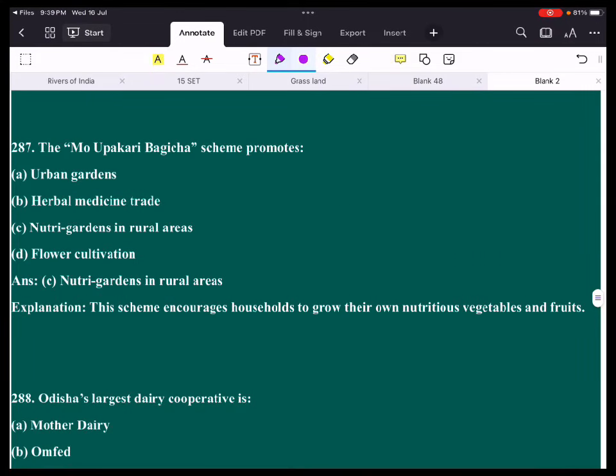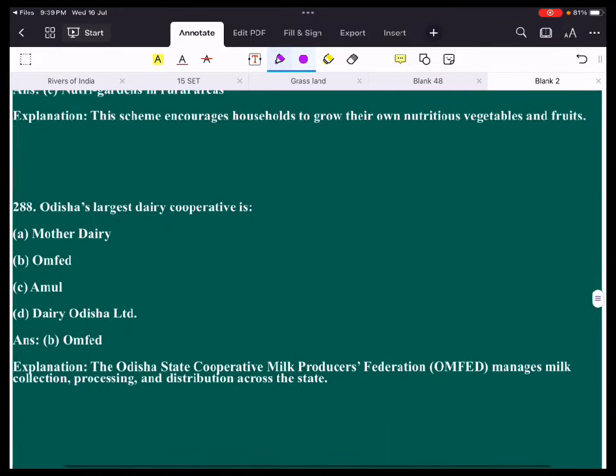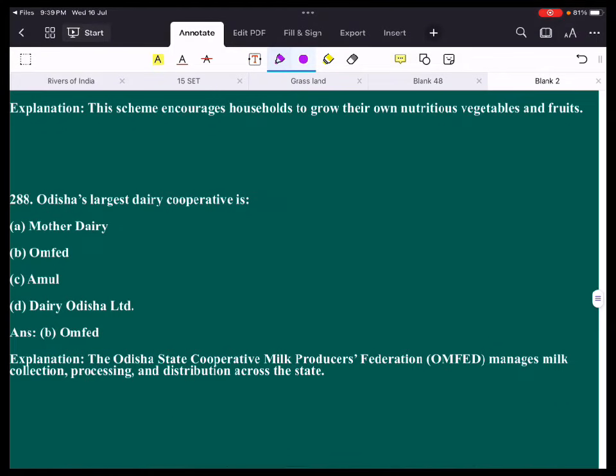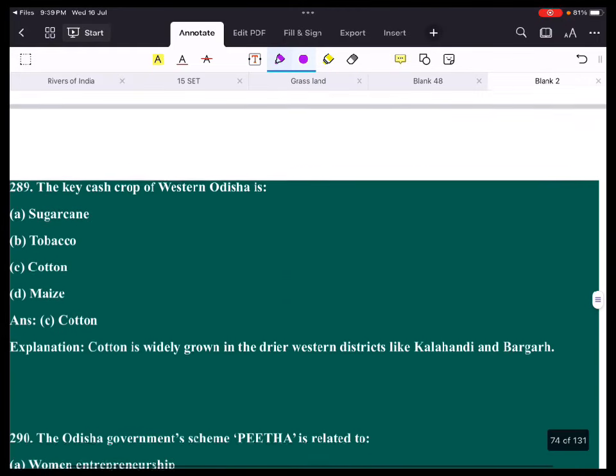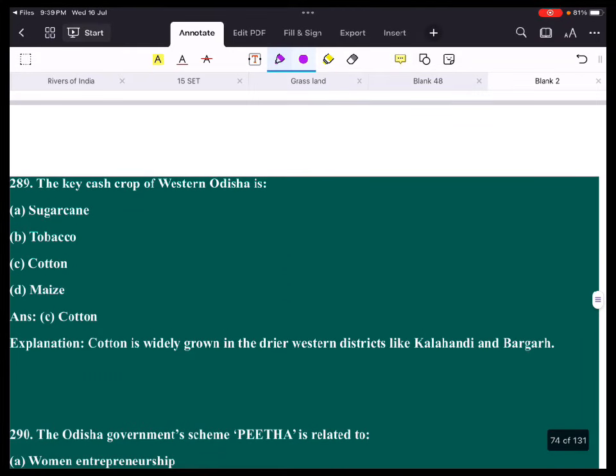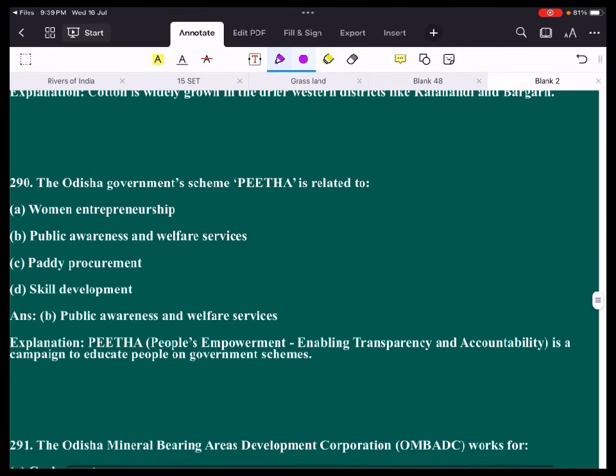The Mo Upakari Bagicha scheme promotes nutri gardens in rural areas, option C. Odisha's largest dairy cooperative is Omfed, option B. The key cash crop of Western Odisha is cotton, option C. Odisha government scheme PITHA is related to public awareness and welfare service.